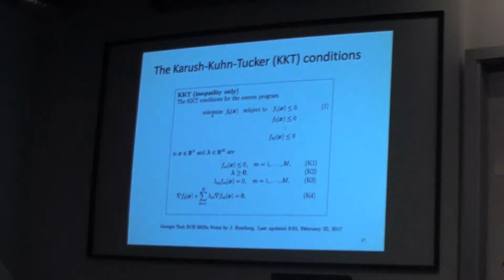Okay? And then associated with this constrained optimization problem is a set of testing conditions, which we call KKT conditions. So for any pair of x, the input to the objective function, and lambda, corresponding to the Lagrange multipliers of those constraints, we can test if this x and lambda pair satisfy these KKT conditions.